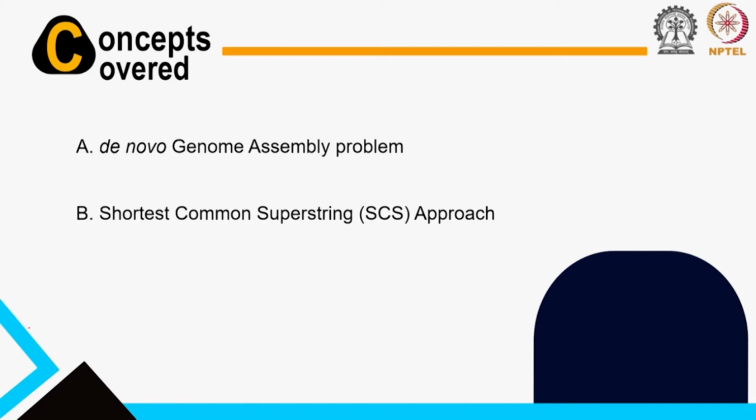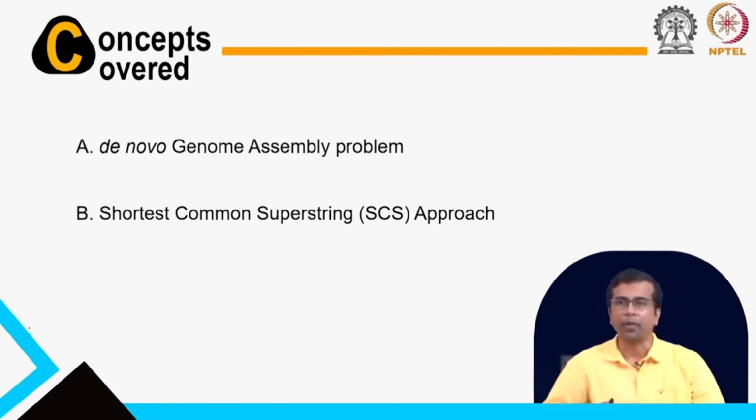The concepts that we will cover today revolve around the de novo genome assembly problem. We will first talk about the genome assembly problem, and how it is different from the mapping problem. We talked about mapping, whether it is RNA-seq or targeted resequencing, and about algorithms that help in the mapping process.